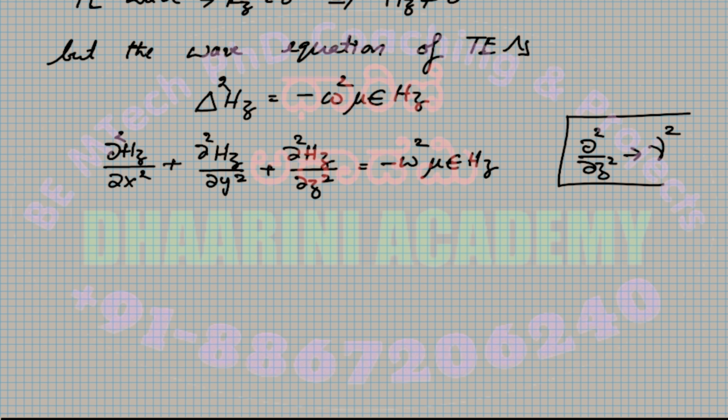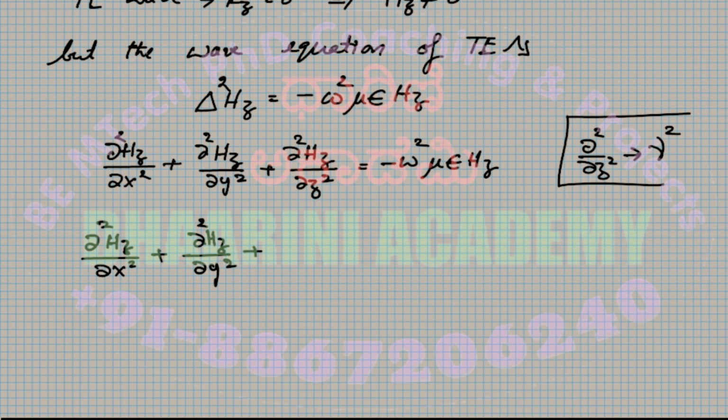So I can update my equation in the following fashion. Dou square Hz by dou x square, dou square Hz by dou y square. You see the dou square by dou z square is gamma square. And on the right hand side, I have minus omega square mu epsilon. That I will bring to the left side. Minus becomes plus, and then I take the Hz common.